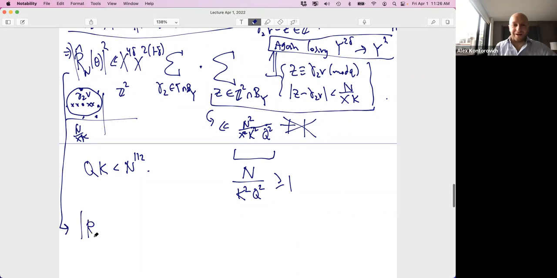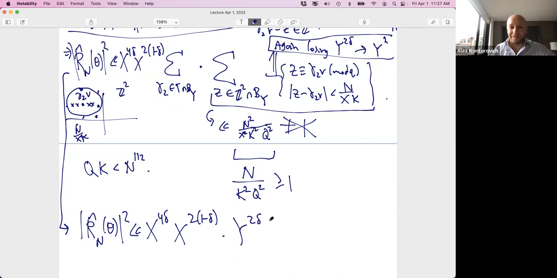We have that r hat theta squared is bounded by, here's an x to the 4 delta. We've lost x to the 2 times 1 minus delta. How many elements? So this is an estimate for the number of elements of gamma 2 prime, which we replaced by z. It's just n over x squared, k squared, q squared. How many elements here are there? Y to delta, right? Perfect.